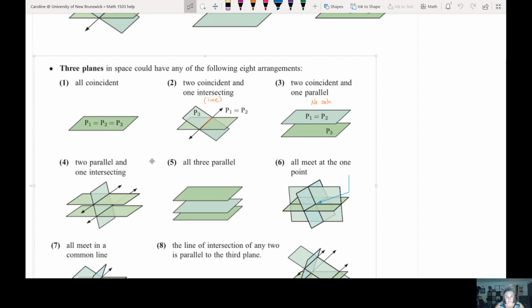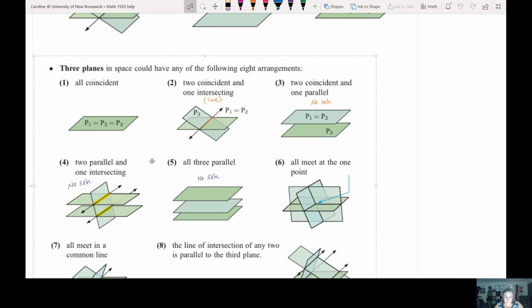These two planes intersect at a line, and these two planes intersect at a line. So these are like the solutions if we only had the two, but all together there's no solution because all three don't intersect at a common point or line. All three are parallel, no solution, they don't have any overlap.